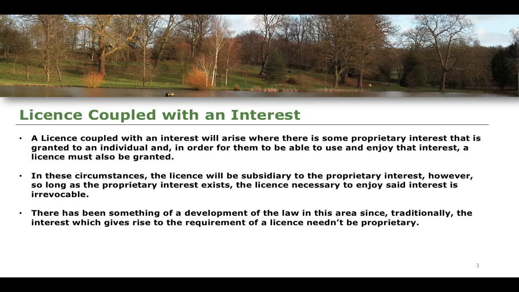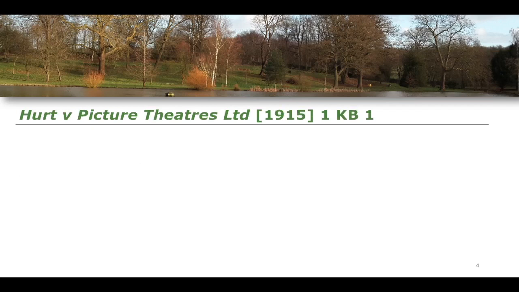However, we see something of a development in this area of the law, and we will get to that in a second. So fundamentally, just as a basic recap before we talk about the development of this area, a license may exist as being a necessary requirement for the fulfillment of the use and enjoyment of a proprietary interest. That is what we are discussing here.